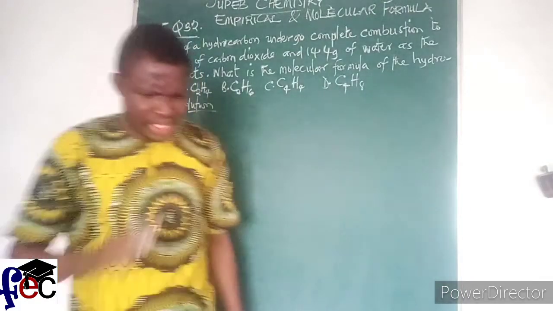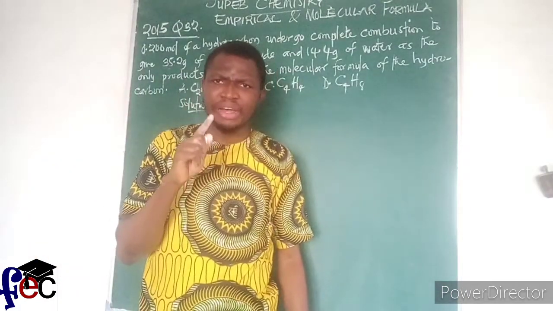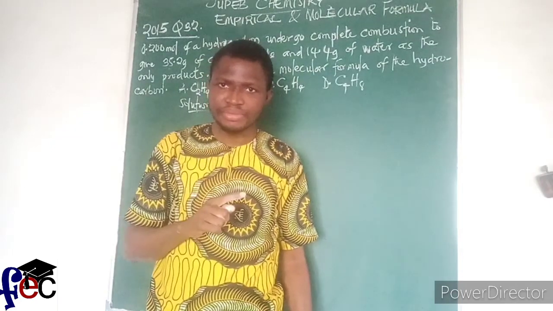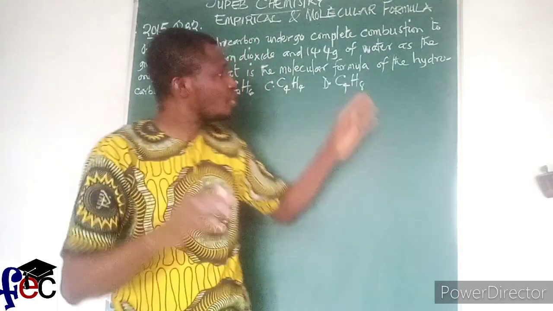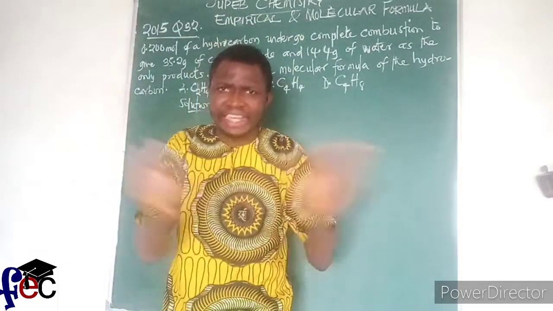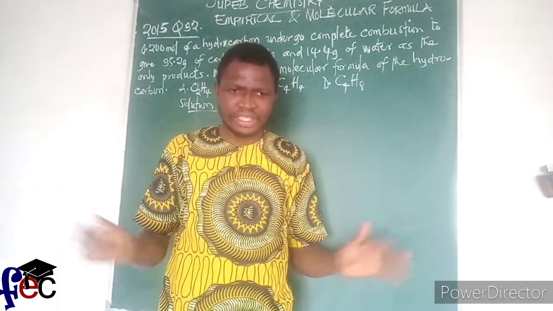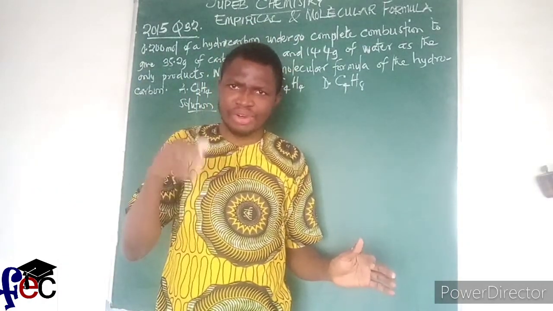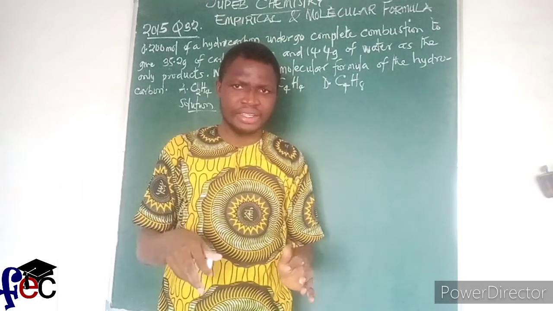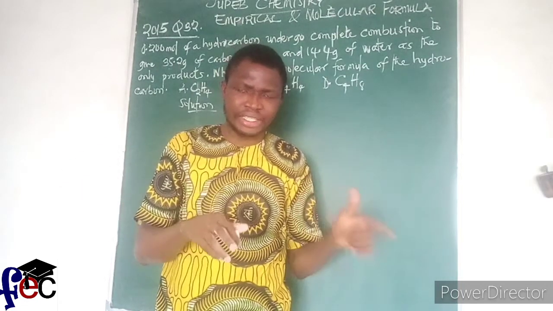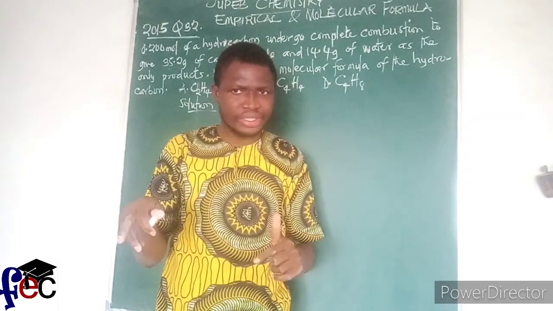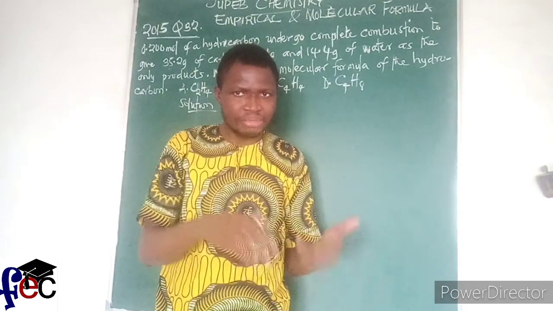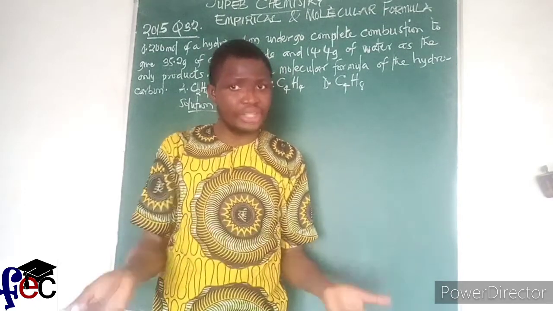Okay, so now I understood something. Suppose I don't understand the whole chemical reaction that took place, I remember from the law of conservation of matter that matter can neither be created nor destroyed in a chemical process, but can be converted from one form to another.